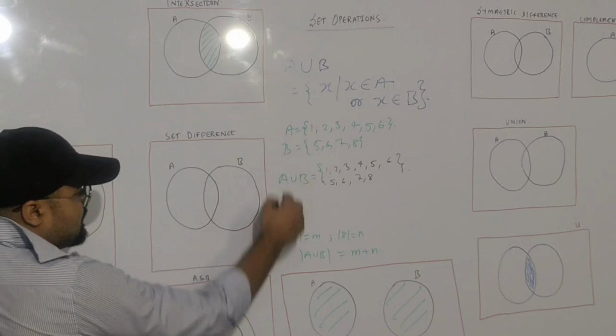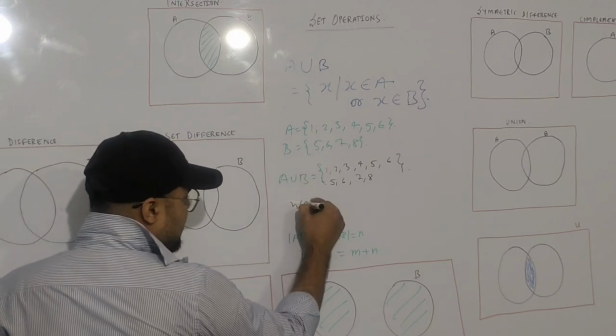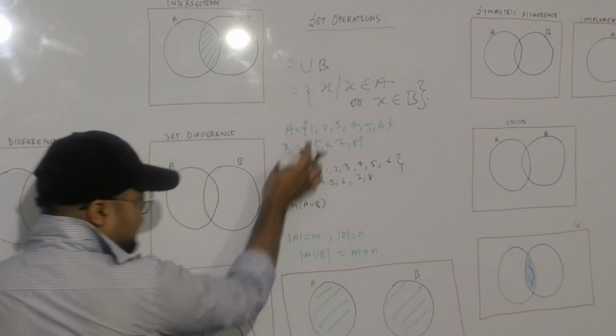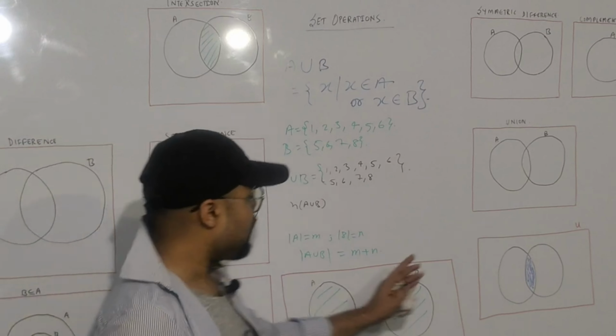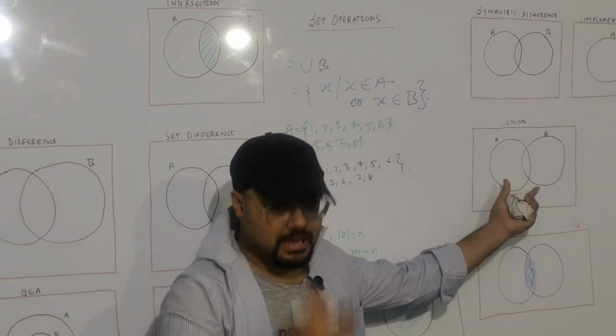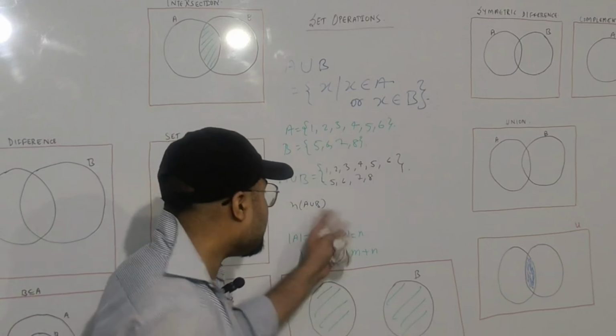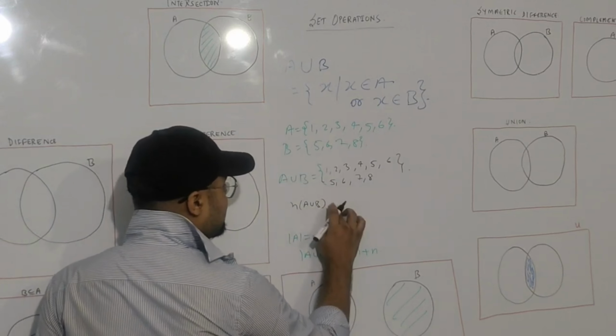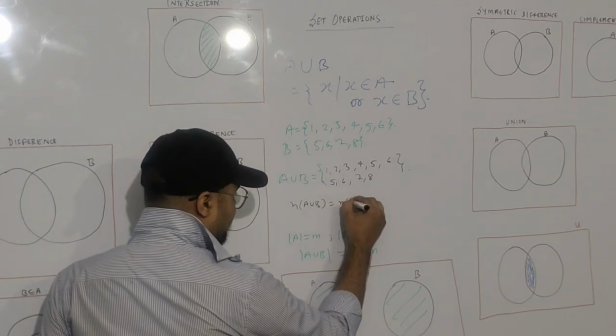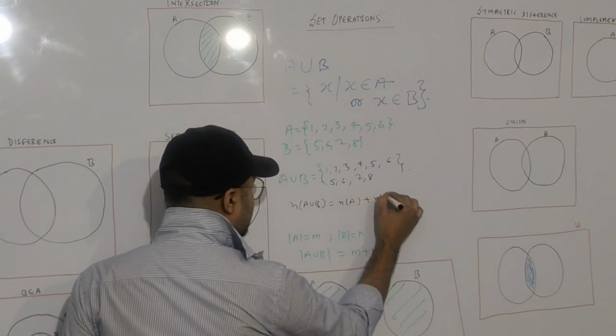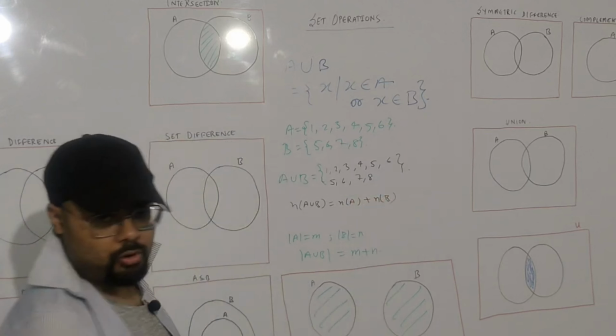But you cannot say that the number of elements in A union B, in case the two sets have some elements in common and are not disjoint, is equal to the number of elements in A plus the number of elements in B, because that will be wrong.